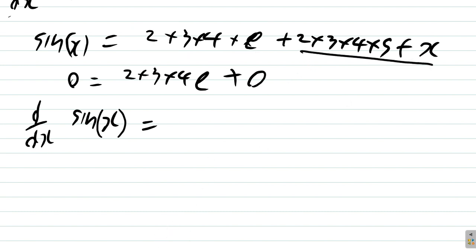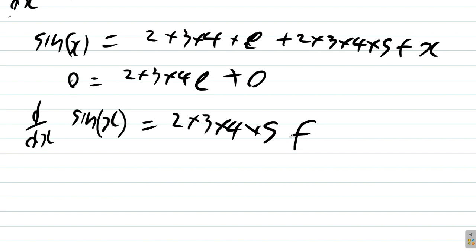But this part now, what would happen to it? You'd have 2 times 3 times 4 times 5 f. And then f would be what? Well, oh, when you differentiate sine, you get cos. It should have been cos.